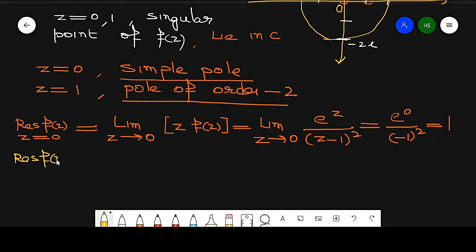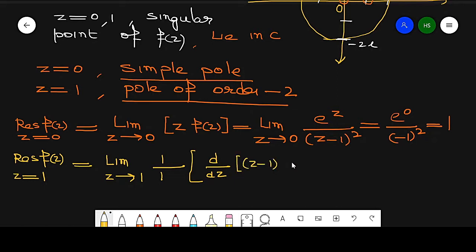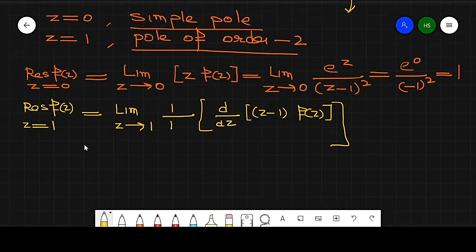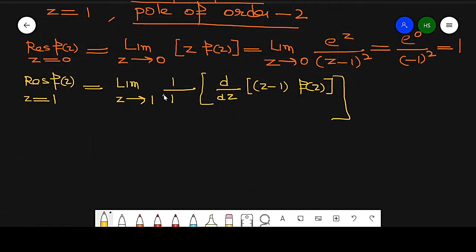And second, the residue of function f(z) at z equal to 1. It is a pole of order 2, so the residue is limit z approaches 1 of 1 by 1 factorial, first derivative d/dz of (z minus 1) raised to power 2 into f(z). 1 factorial is 1.